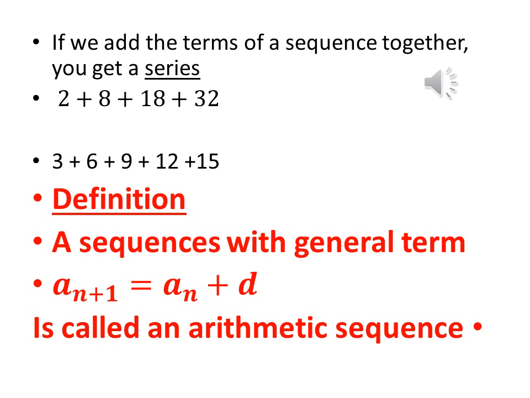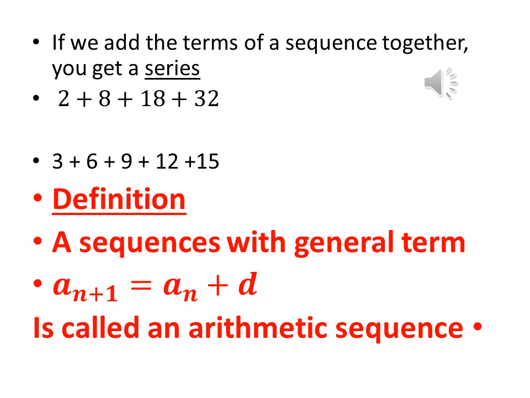We have a sequence 2, 8, 18, 32, with commas between the terms. If instead of the commas we put plus, so 2 plus 8 plus 18 plus 32, it is called a series.